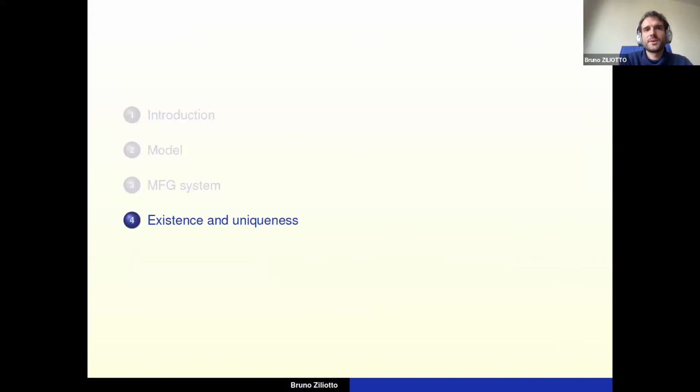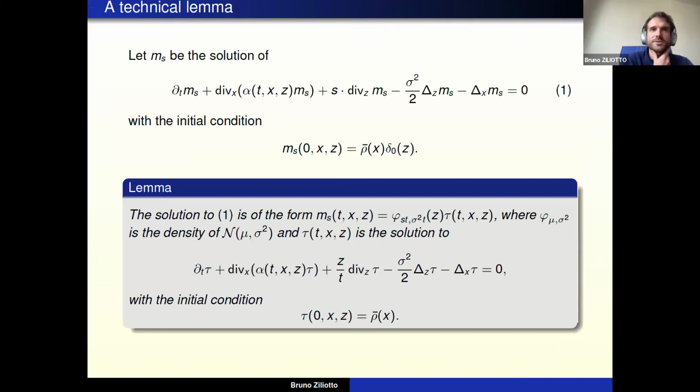So a first result, which is more like a technical lemma, but is very useful for both the existence and uniqueness results, is the following: m^s is a function of s, but actually it's a very particular function of s thanks to the special signaling structure that we put.